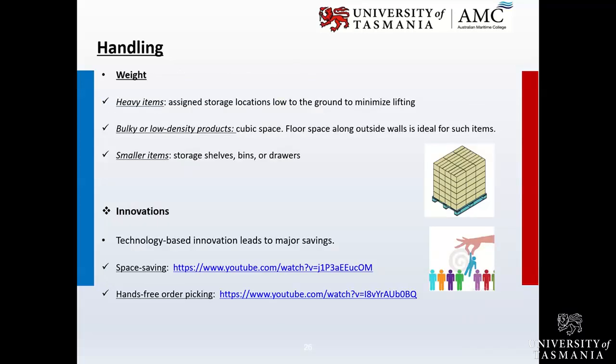The second perspective is weight. Heavy items can be assigned storage locations low to the ground. But for the bulky or low density products, floor space along outside walls is more suitable. And for smaller items, storage shelves, bins, or drawers are suitable.